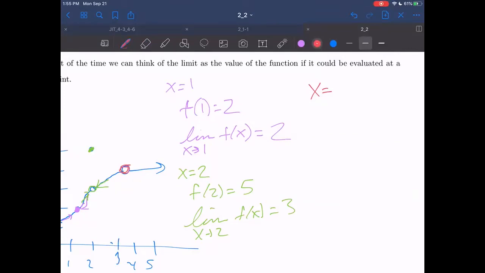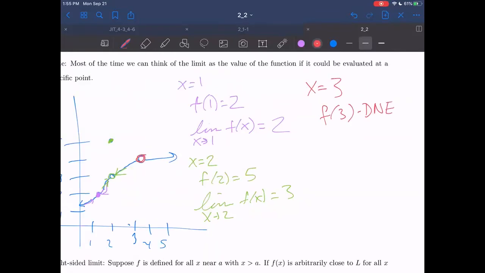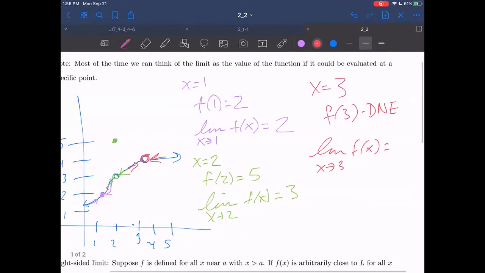Okay, so at x equals 3, f of 3 does not exist. There's a hole there. There is no value filled in anywhere. But where does it look like it's going to go? So if we look at the limit as x approaches 3 of f of x, where does it look like the function should be? Or what does it look like that value should be? And it looks like it should be 4.